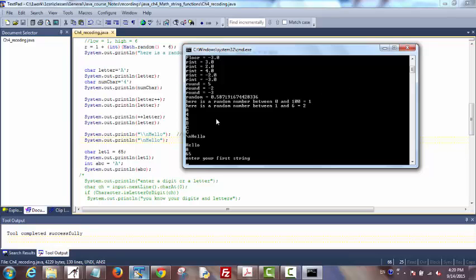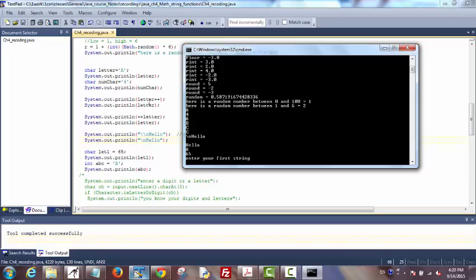Now, since I'm here, let's take a look at this example. We said char letter is A, and then we printed A right there. Then we said numchar is 4, and we printed numchar, that's 4. Now notice this one, it says println letter++.